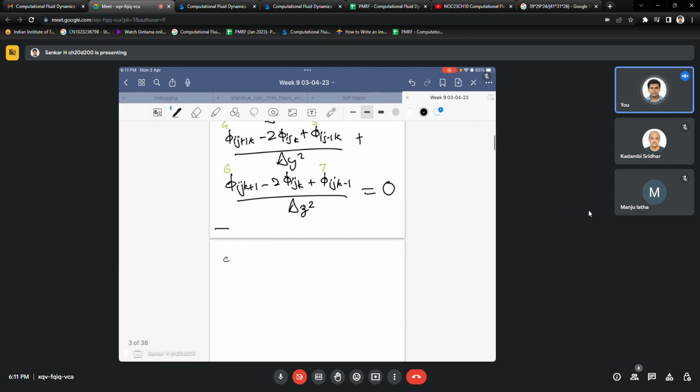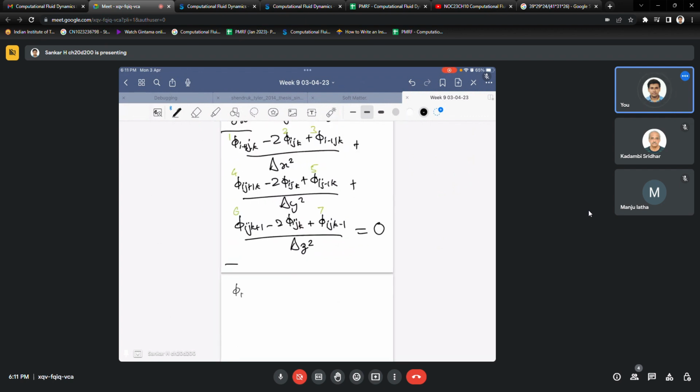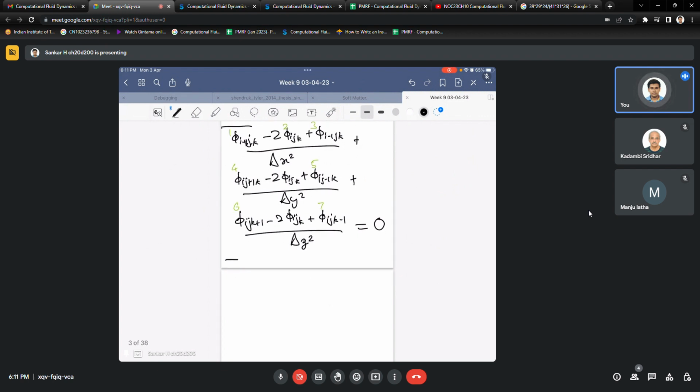the first equation to be 5 2 1 1 minus 2 5 1 1 plus 5. One second, 1 will not be there, so we'll be starting from i equal to 2 to i equal to l minus 1, with ijk equal to 2 to l minus 1.